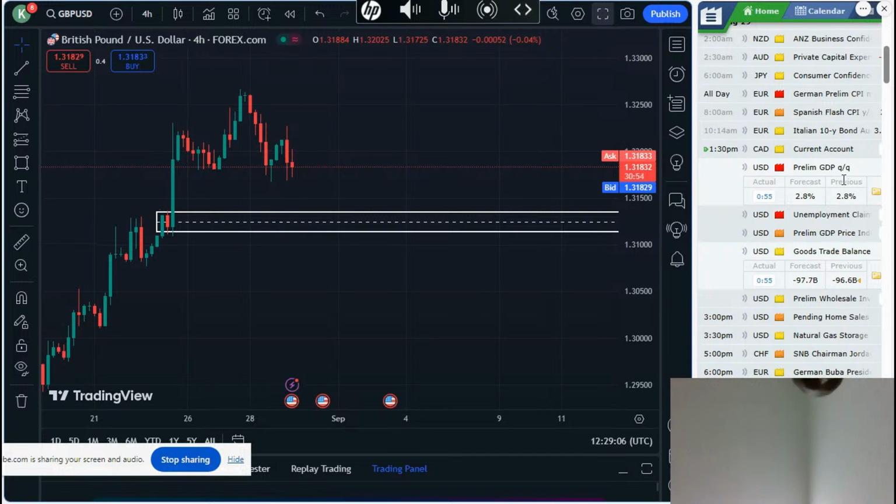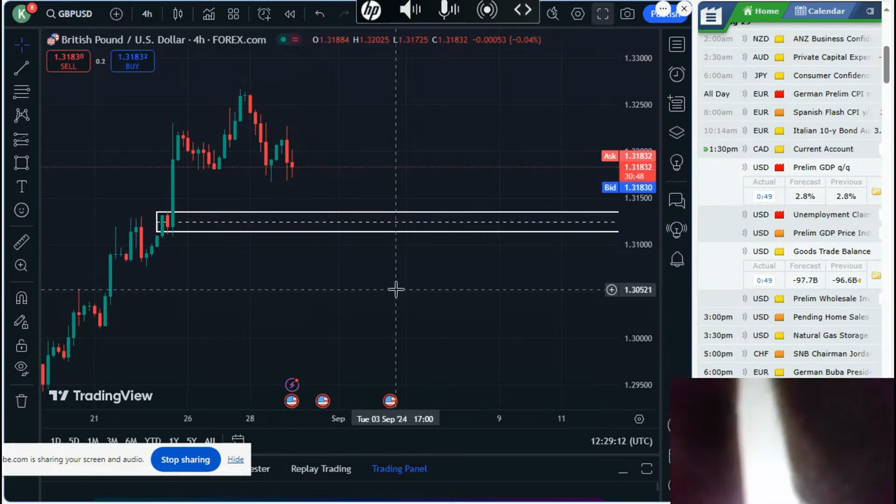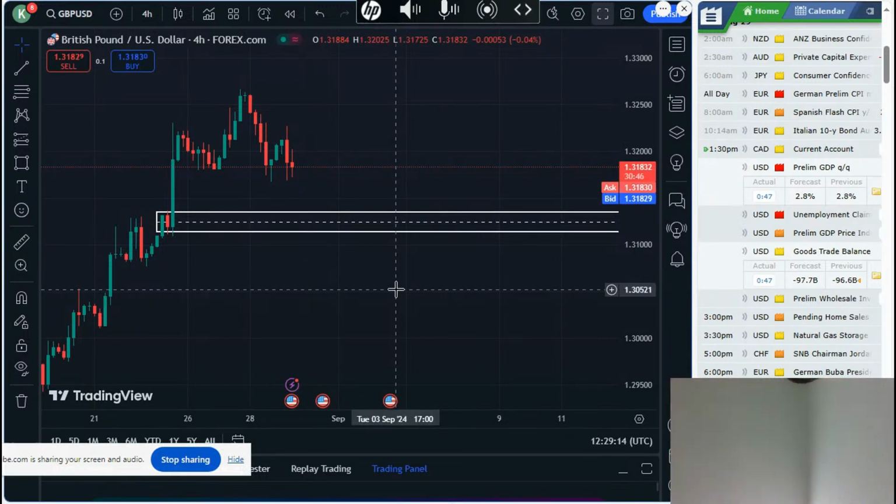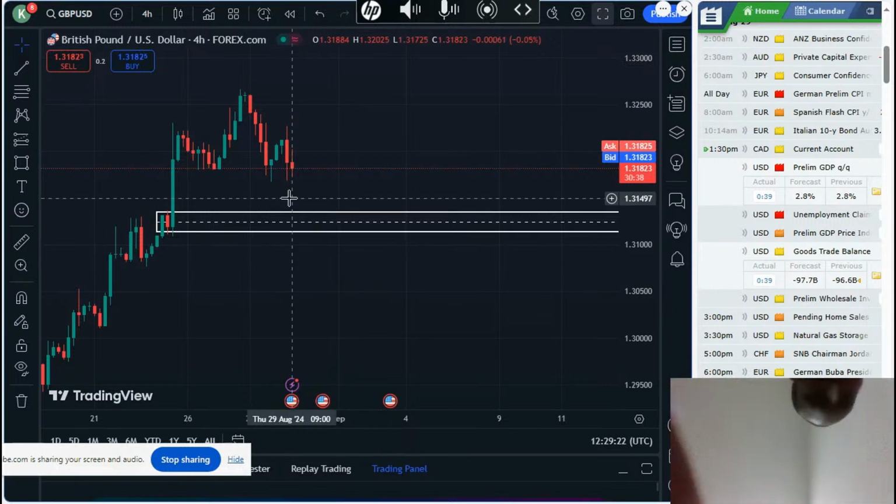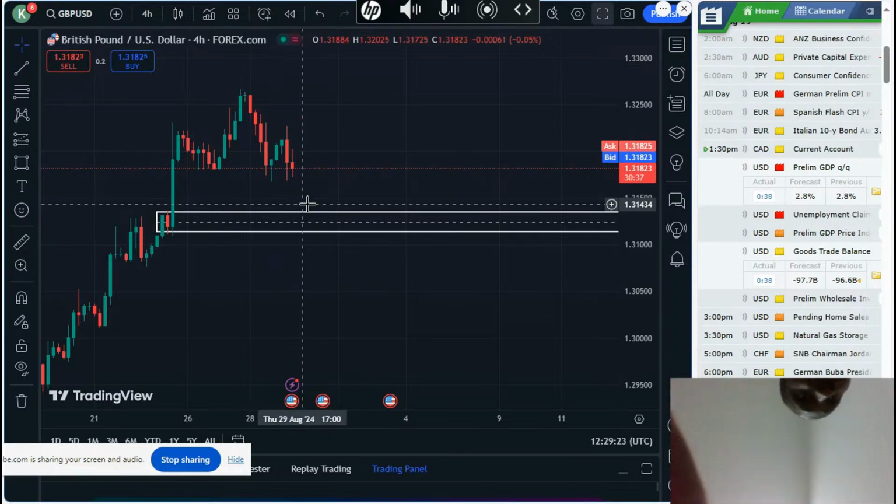It's a high impact news. This market will be volatile, so let's anticipate. It's almost there, guys. 1 minute to go for the news.